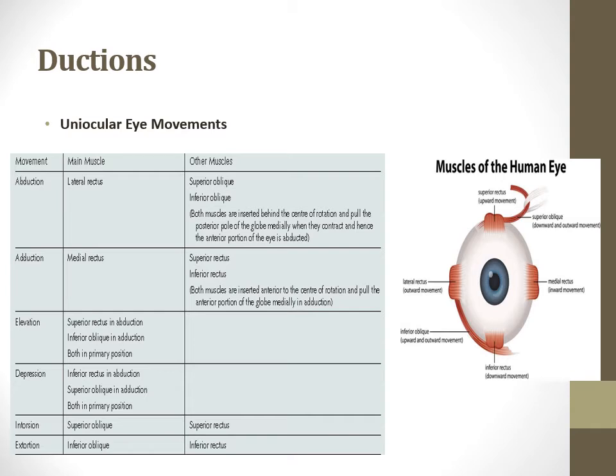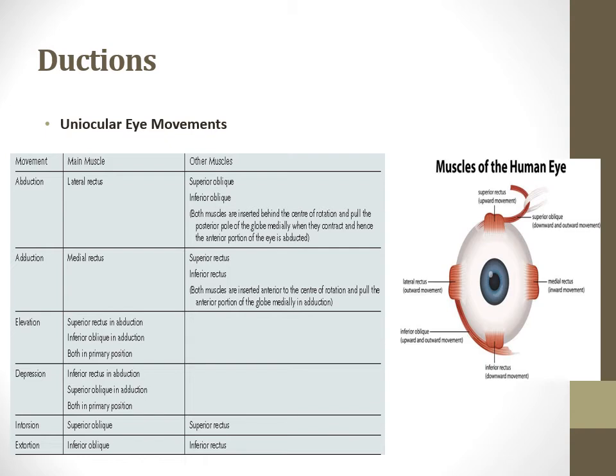The muscles responsible for these movements are, first, abduction, which is outward movement of the eyeball. The main muscle is the lateral rectus, and it is also supported by superior oblique and inferior oblique. Then second is adduction, which is the medial movement of the eyeball, the function of the medial rectus mainly, but superior rectus and inferior rectus can also support this action.